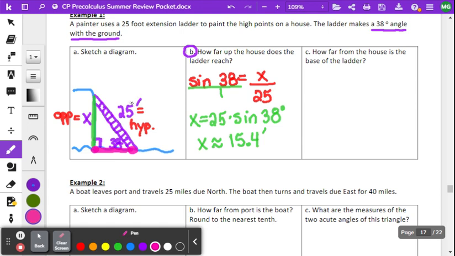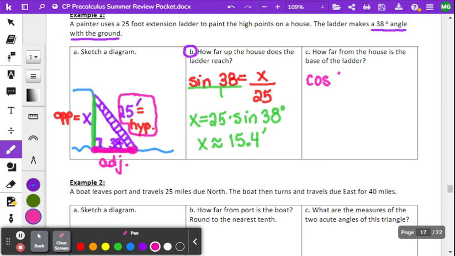So we'll look at what we've been given, which is that our hypotenuse is 25 feet. We have an angle that's 38 degrees, and this side that I labeled in pink would be the adjacent side. So again, we ask ourselves which trig ratio uses adjacent and hypotenuse. Think SOHCAHTOA. So it's cosine.